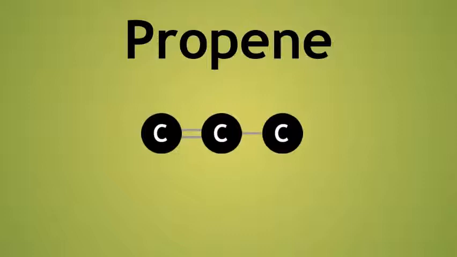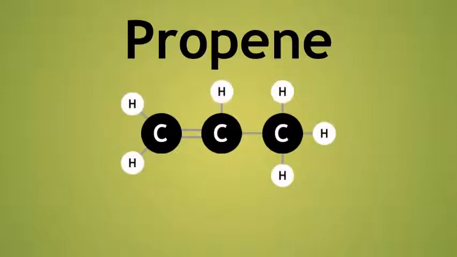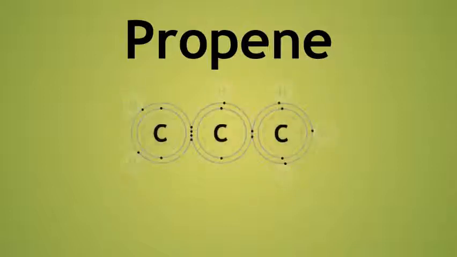We now need to fill the molecule with hydrogen atoms to ensure that each carbon has a total of 4 bonds. 2 hydrogen atoms are required at this end of the molecule. This middle carbon already has 3 bonds and so requires just 1 hydrogen, and at this end the carbon has only 1 bond and therefore needs 3 more hydrogens.